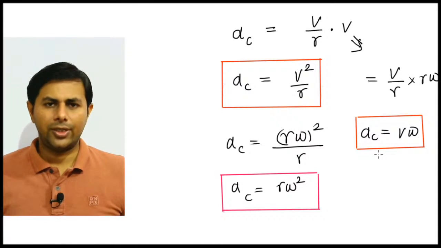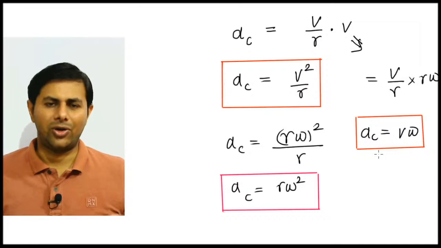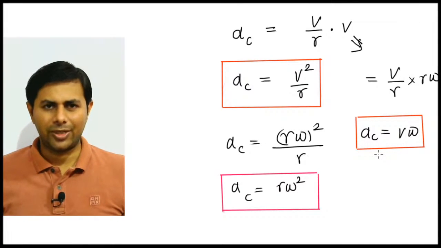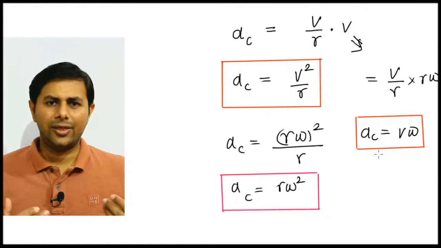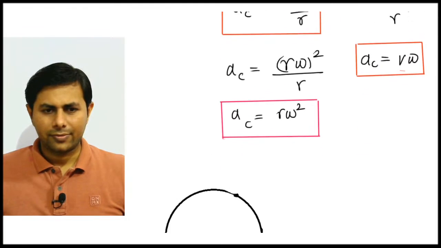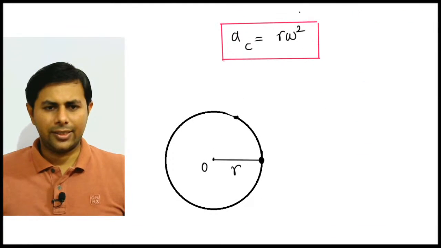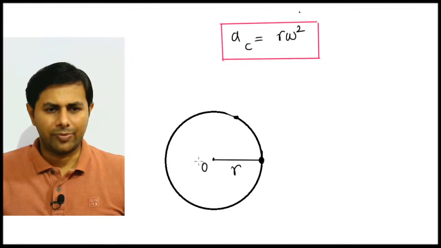Now the question is, what is the direction of the centripetal acceleration? While deriving this, I already told you the direction of centripetal acceleration is along the radius and towards the center. Let's see why this should be the direction. Again, let's consider an object moving along the circumference of a circle.